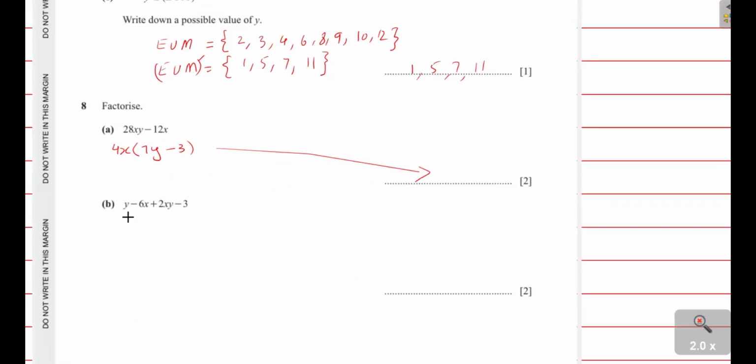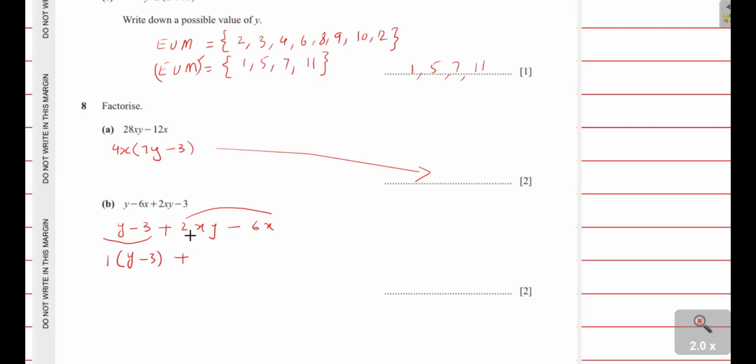Next, part B, factorize y minus 6 plus 2xy minus 3. To factorize this, we will arrange this expression. We will write y minus 3, and next we can write plus 2xy minus 6x. After arranging this, we will take common first two values and then last two values. Between y and minus 3 no value is common, therefore we take 1 as a common. Therefore, we can write 1 into y minus 3.